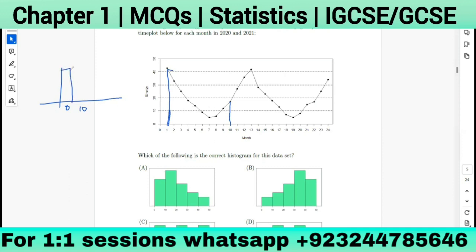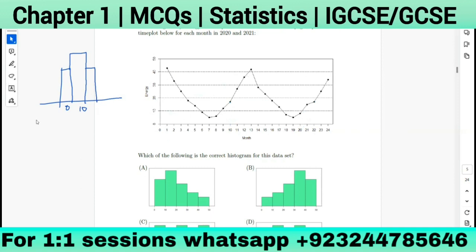Then it goes up again from 10 to 20. Then after going up, it comes down for some time. And then from 24. No, not like this.